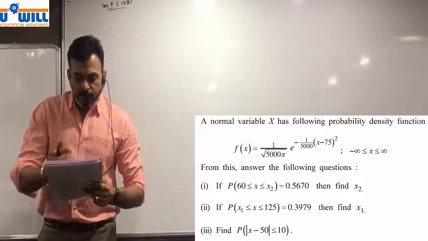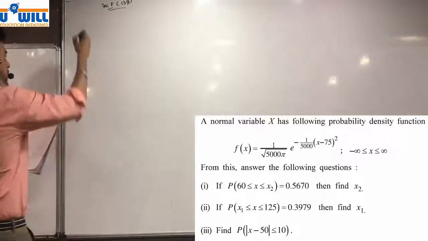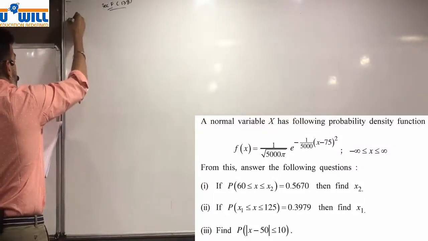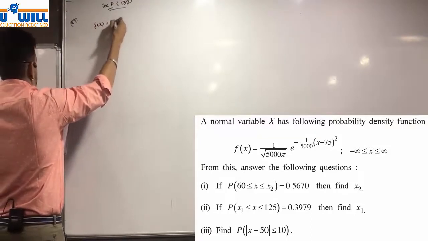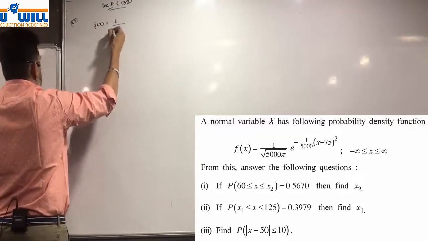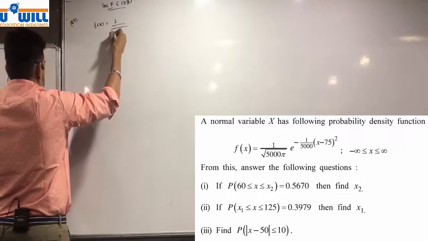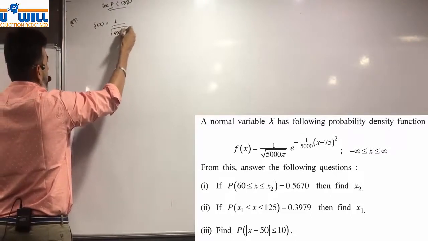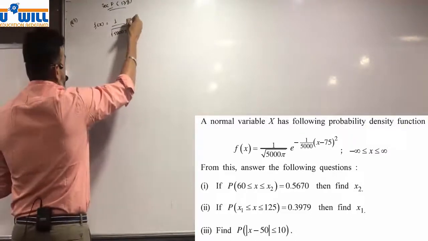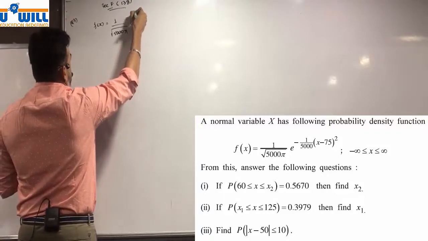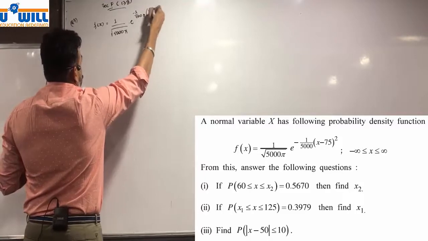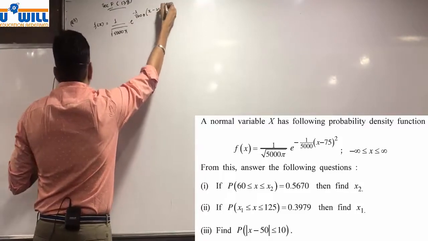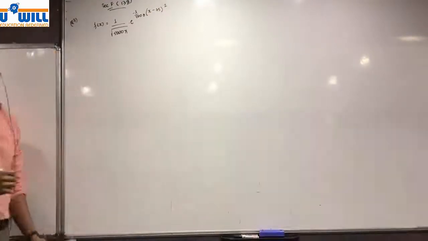Okay. Let's write what is given. Question 7. F of x is equal to 1 upon under root 5000 pi into e raised to minus 1 by 5000 x minus 75 the whole square.